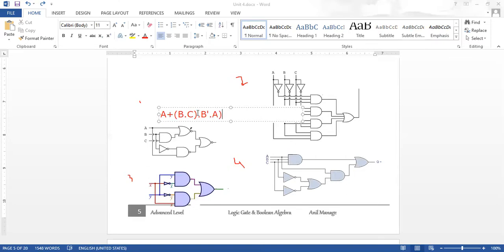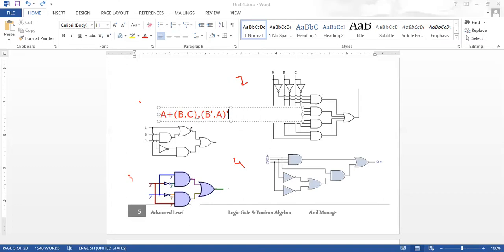Because of that, I'll put dash again here. Then all together, you are getting this part. From here, you are getting B dash dot A, with the final gate is a NOR gate.